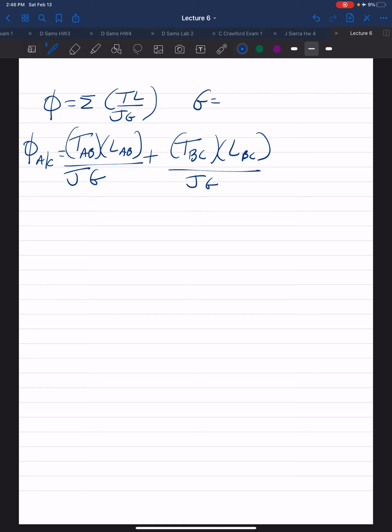So we are in US units this time for A36 steel.